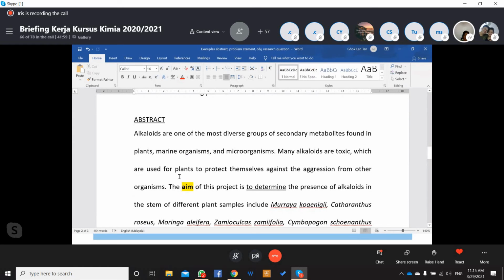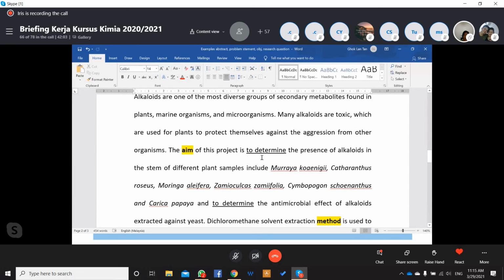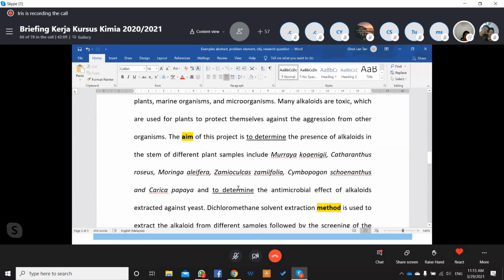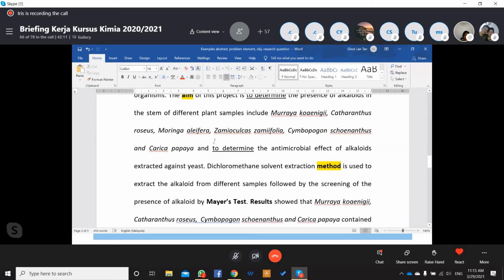Then the aim. What is the aim? To determine the presence of alkaloid in where, using what plant. So they give you the scientific name. And also, the aim has two parts: to determine the presence of alkaloid, and to determine the antimicrobial effect.